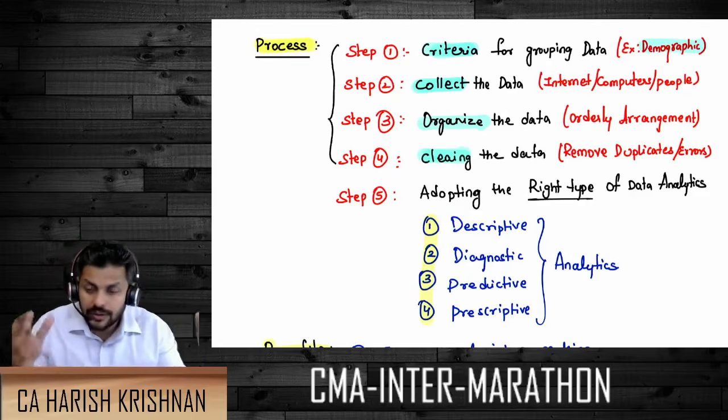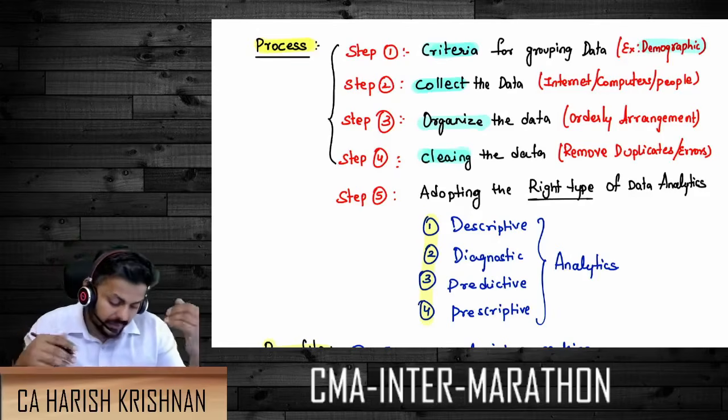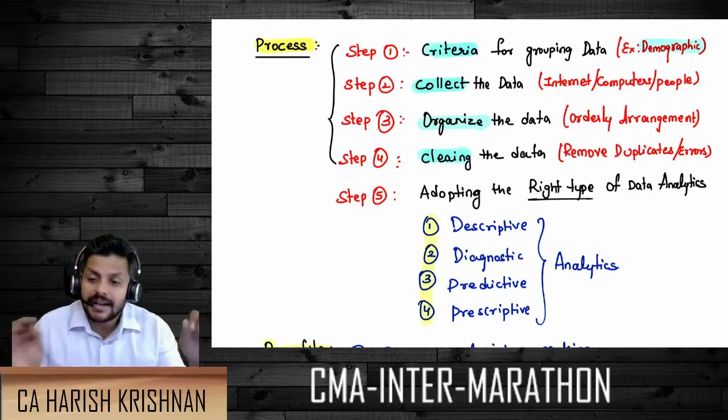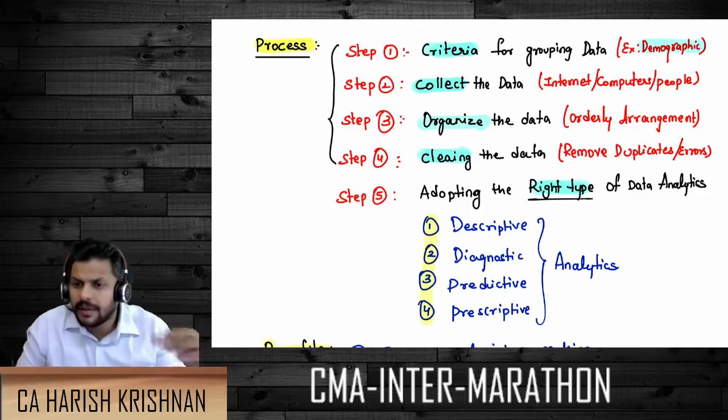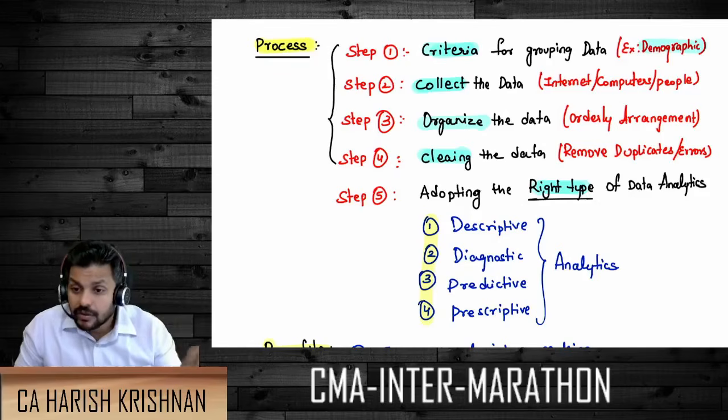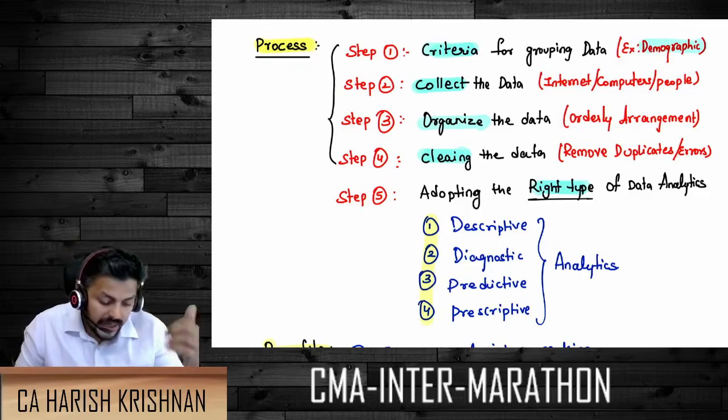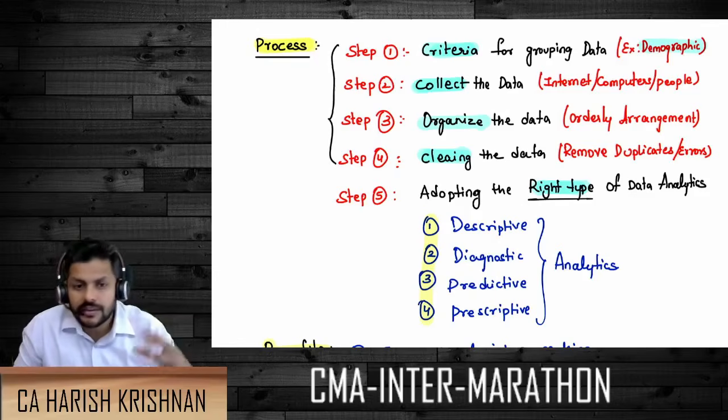Now when we talk about what comes next, adopting the right type of data analytics, this is the most important step, and this is the most extensive content of this chapter, which has been asked or used multiple times. Criteria, collection, organizing, cleaning, and then adopting the right type of data analytics.